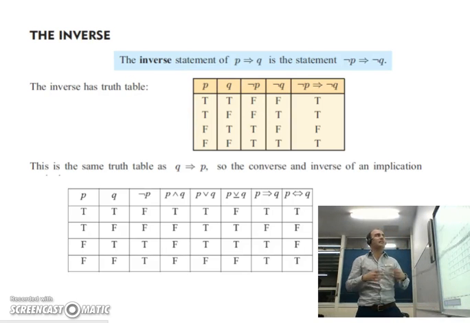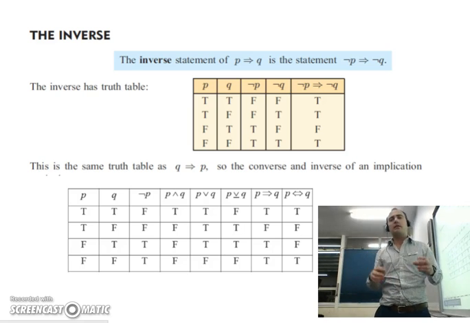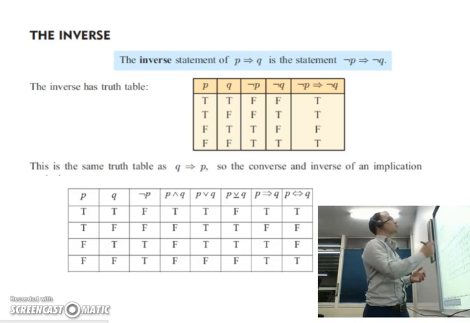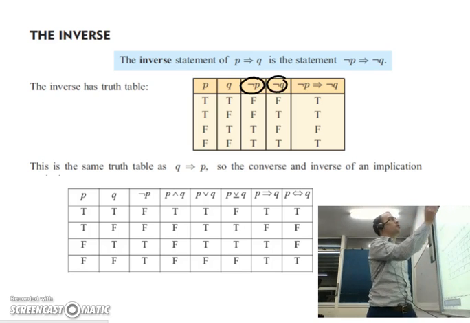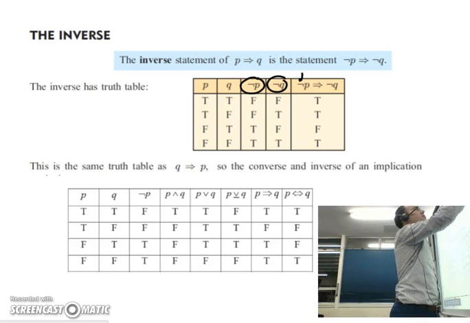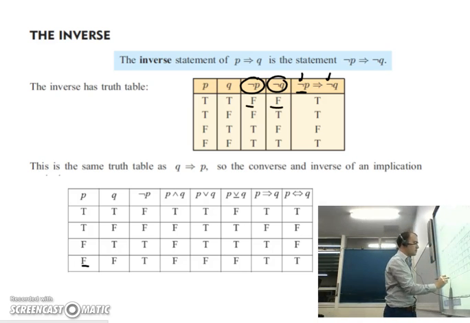If we look at the inverse, so if P then Q, the inverse of this is if not P, then not Q. So same thing applies. If you're doing a truth table of it, work out not P, not Q, and then work it out: this is the first part, this is the second, so I'm looking for a not P, so false, then a false. I would come over here, a false, then a false.